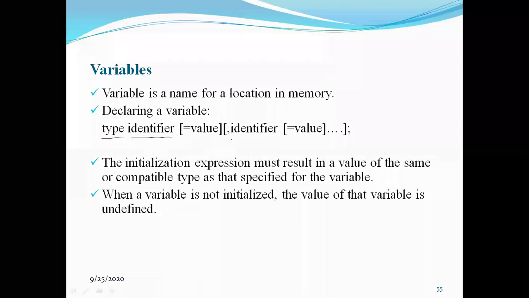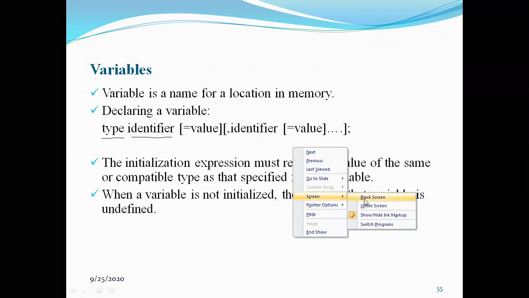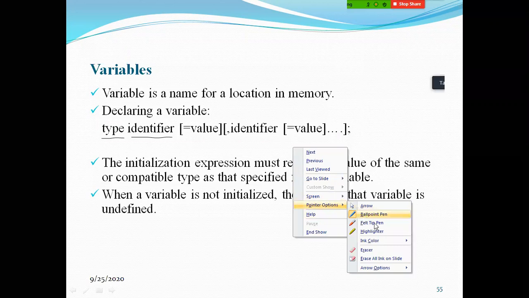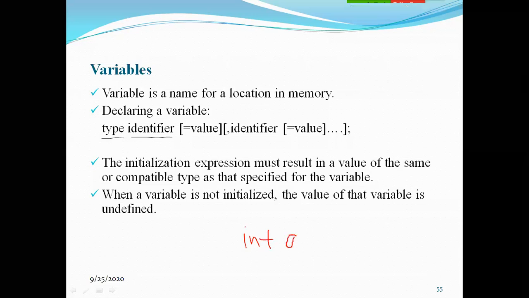This syntax shows that you can declare multiple variables within a single line. Initialization and declaration can be done in a single line. Suppose int a=10, b=20. So I'm declaring 2 variables of type integer.